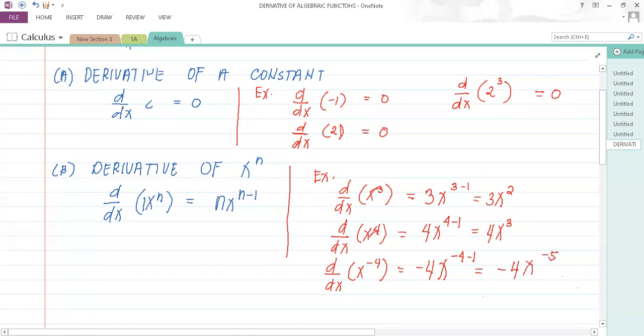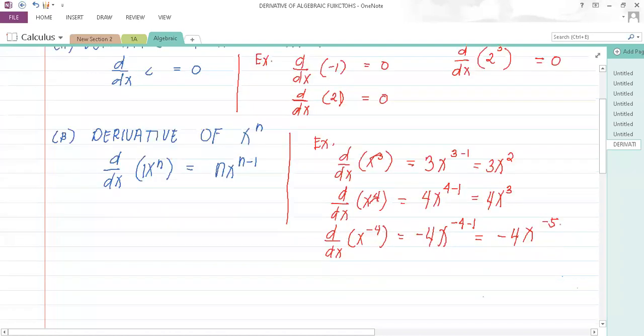Pagka meron tayong negative exponent, ibababa natin siya para maging positive exponent. Gawin nating denominator yung x raised to 5, so mawawala na yung negative niya sa exponent. So our answer here is negative 4 over x raised to 5.